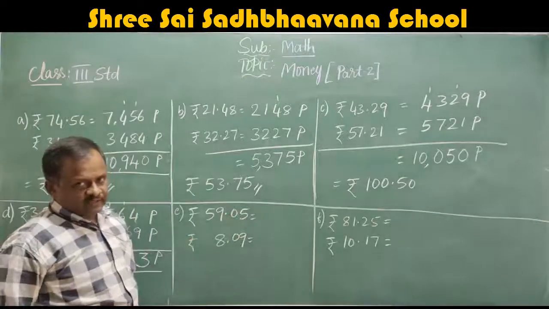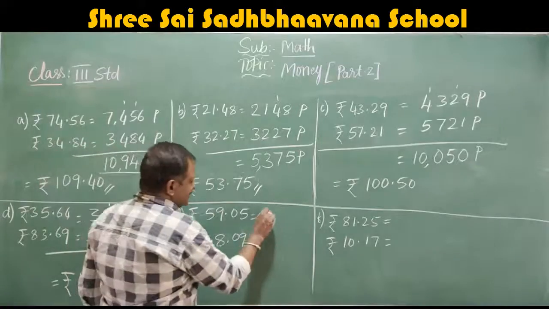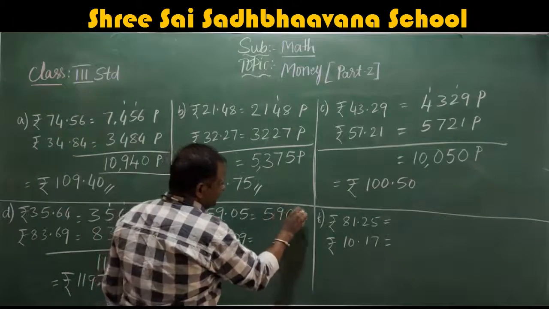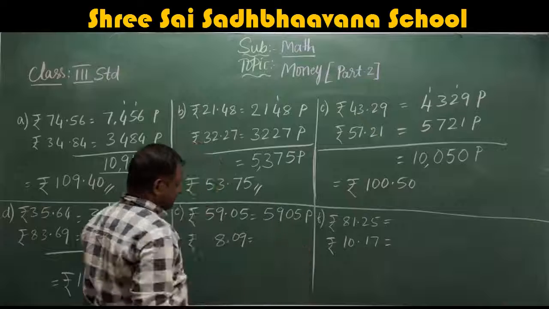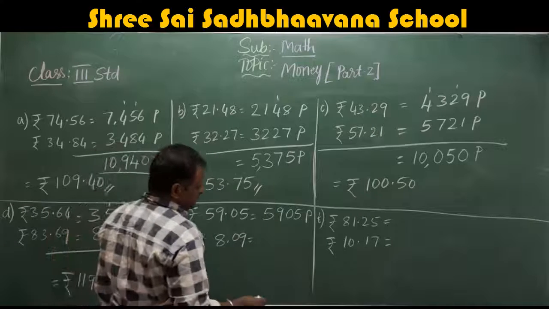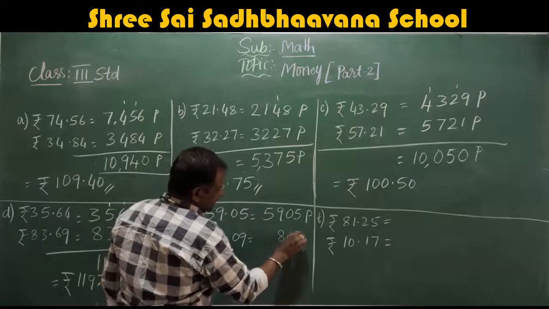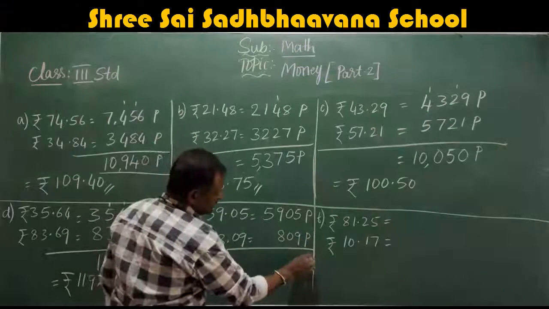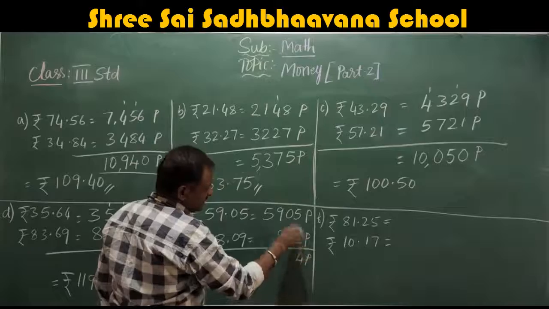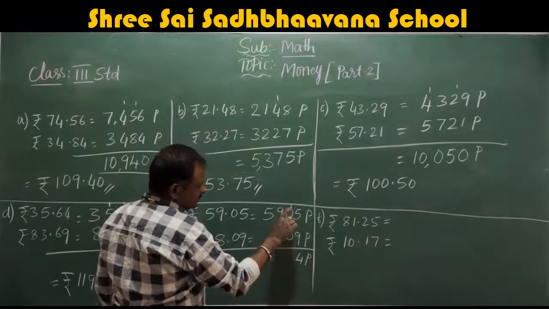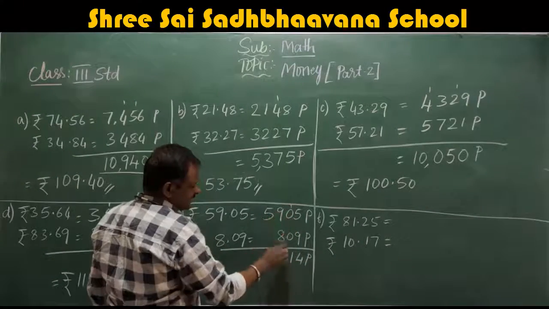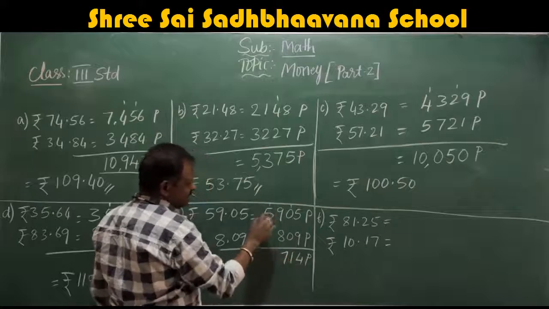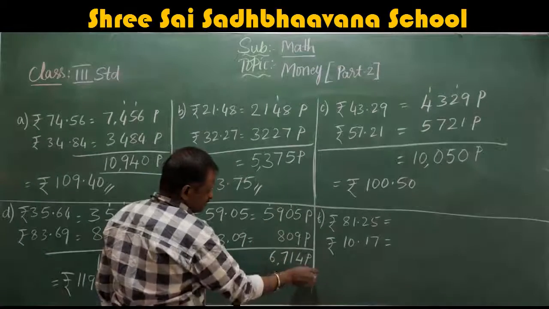Rupees 59.05. That can be written as 5,905 paise. Next, rupees 8.09 can be written as 809 paise. Add. Paise as it is 9 plus 5, 14, carry 1, 0, 0 plus 1, 1 as it is, 9 plus 8, 17, carry 1, 5 plus 1, 6.